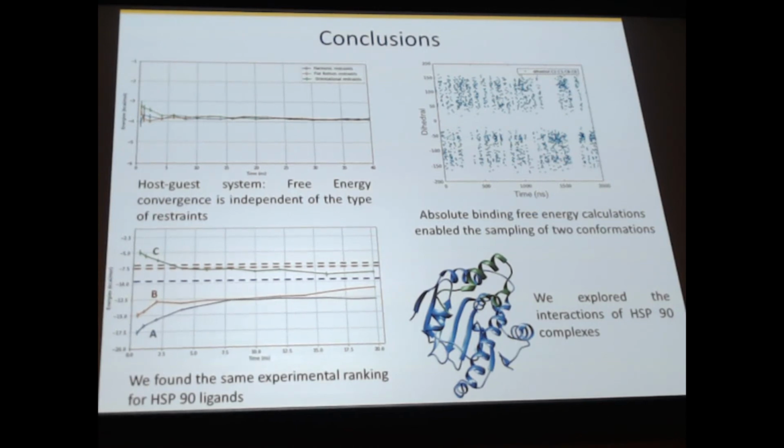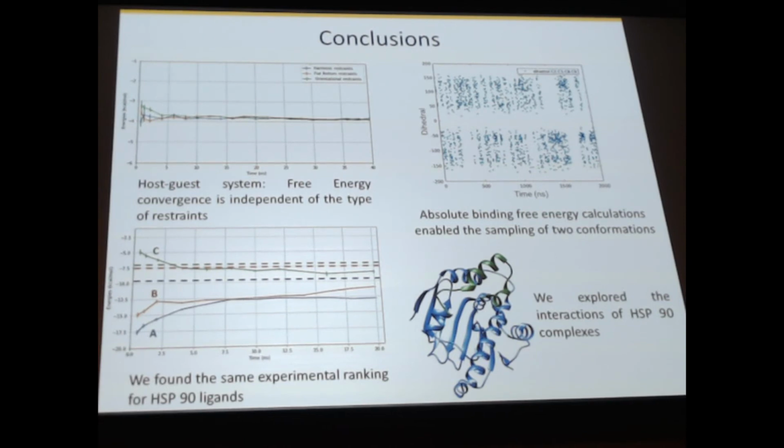So, to conclude, we were able, by using Yang, to do absolute binding free energy calculations on host-guest systems and protein-ligand systems. For the host-guest system, we found that the free energy convergence is independent of the type of restraints.